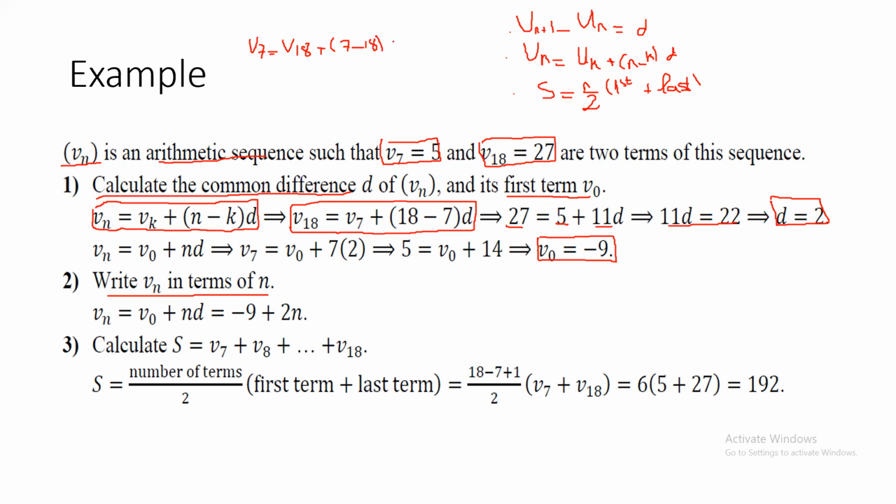Yes. Okay. V7 is how much? 5. V18 is 27, 27 minus 11d. 11d, okay, so 11d equals 22. So d equals 2. Yes. The same.